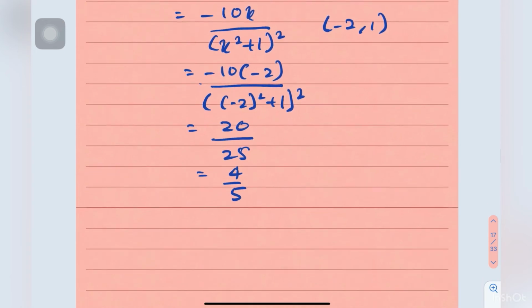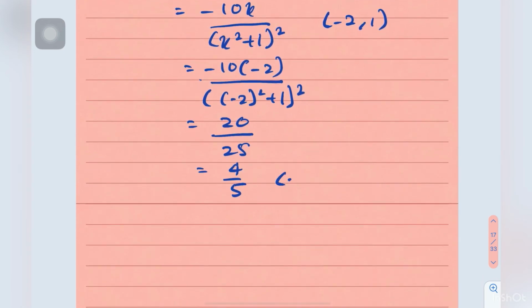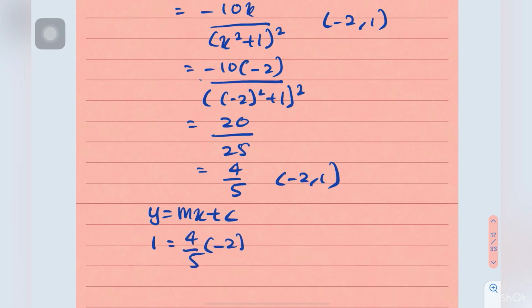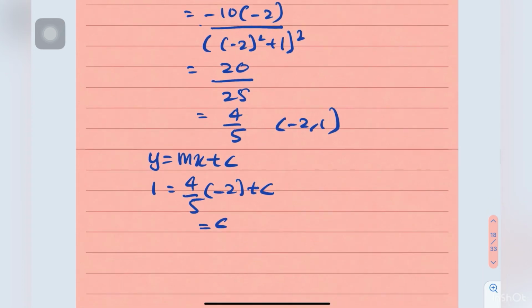Into here we have the coordinate (-2, 1). Okay, substitute into y equals mx plus c. So y is 1, m is 4 over 5, x is negative 2. So c is 1 plus 8 over 5, which is 13 over 5. Okay, 13 over 5.